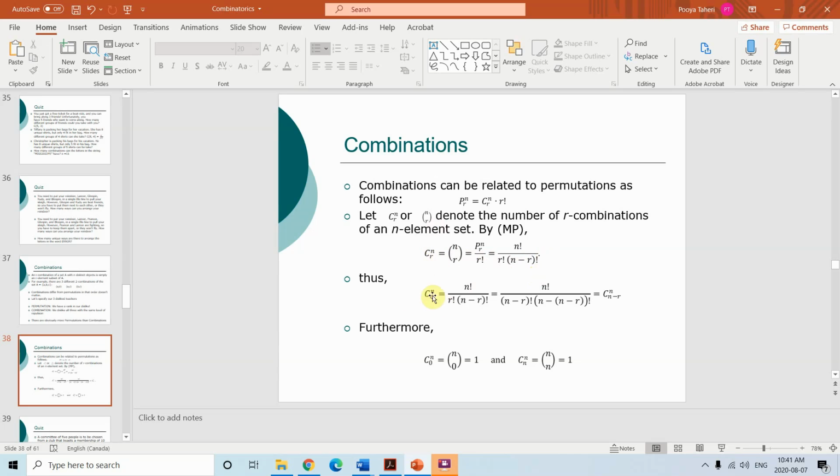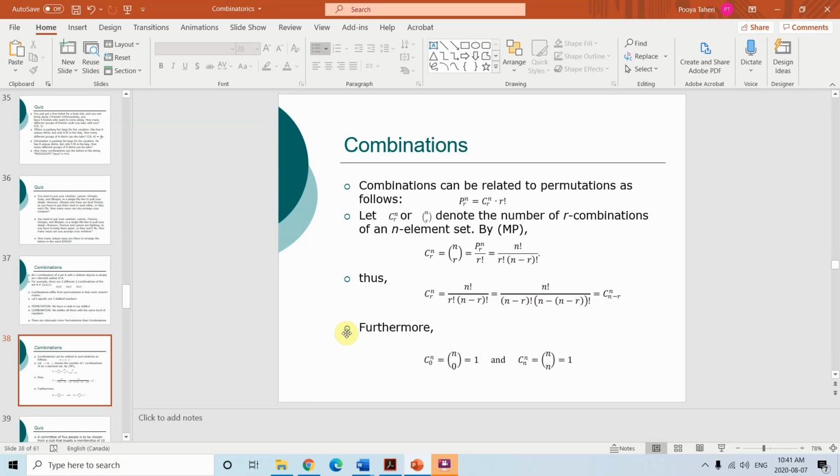You can see that as a result, if you want to select R objects out of n objects, it's going to be the same number as choosing n minus R objects out of n objects. Why is that the case?